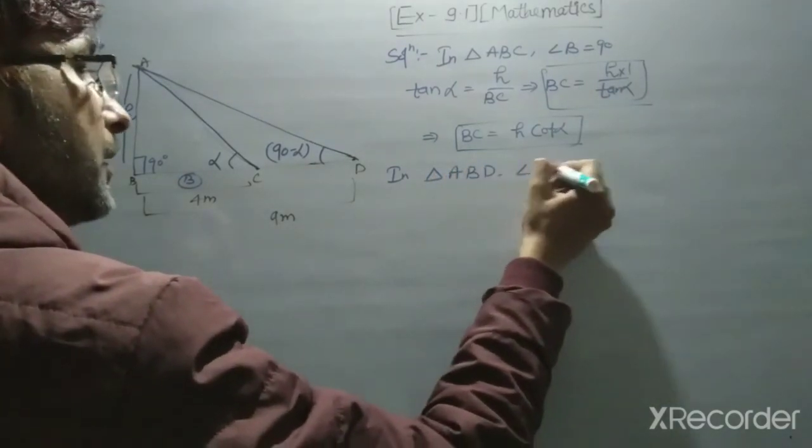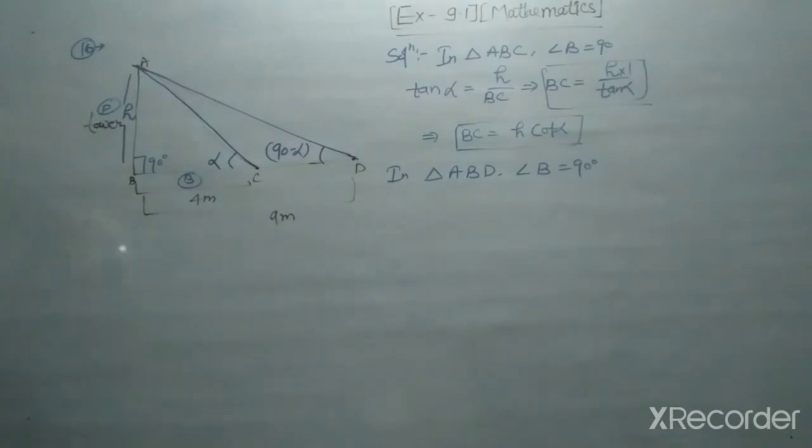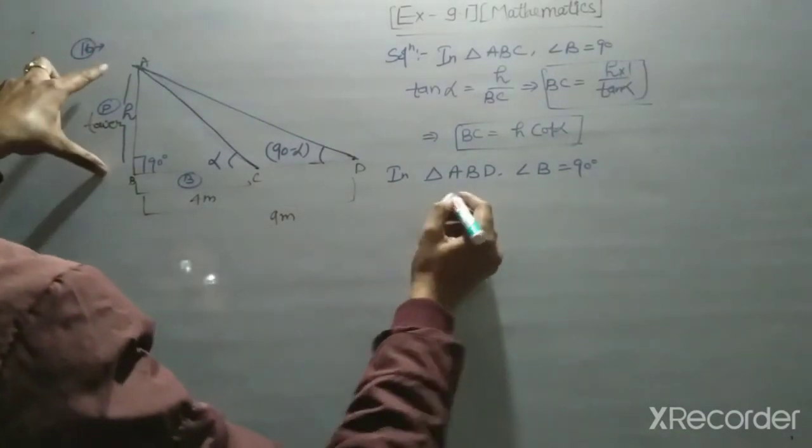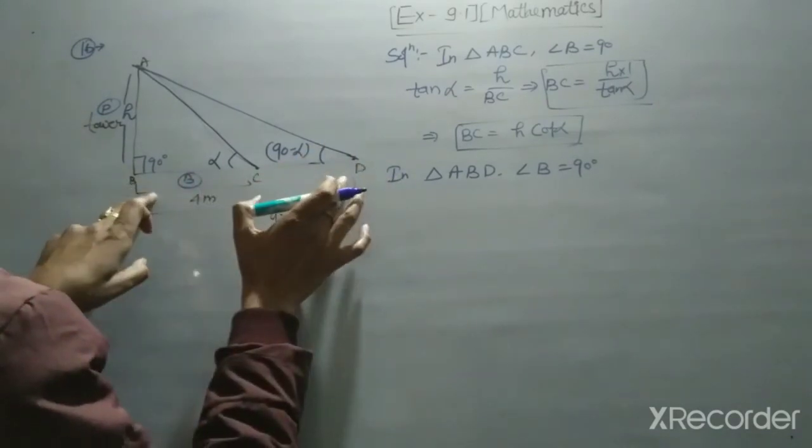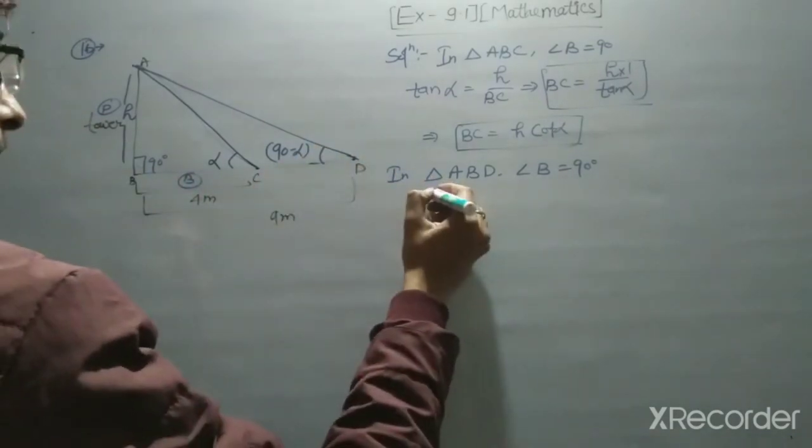angle B is equal to 90. That time you have to use perpendicular upon base, where BD is the base in this triangle.